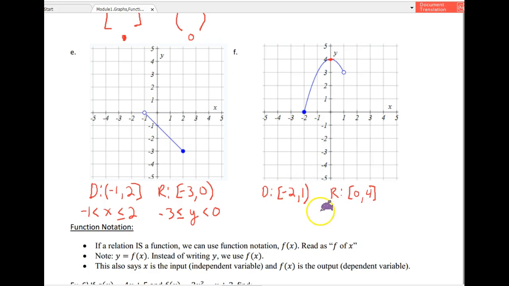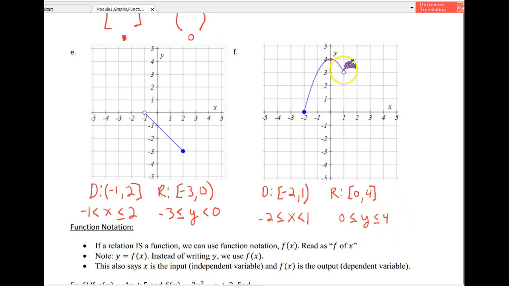If I write this in set builder notation, again I'm just going to write the inequality piece of it, but it's the set of x's such that -2 is less than or equal to, bracket, x, less than, so the parenthesis, 1. The range is a set of y's. So 0 less than or equal to, because of the bracket, y less than or equal to 4.